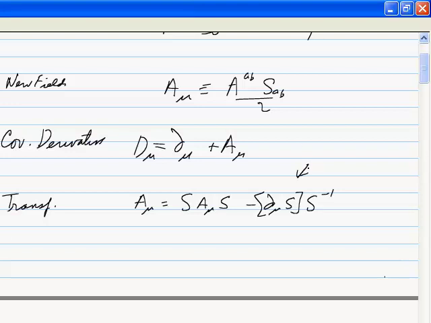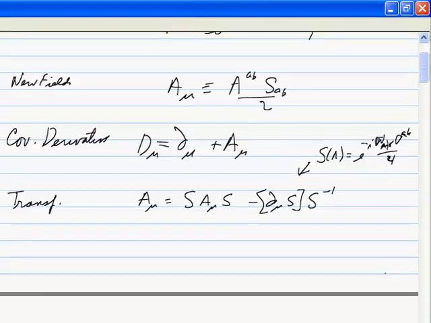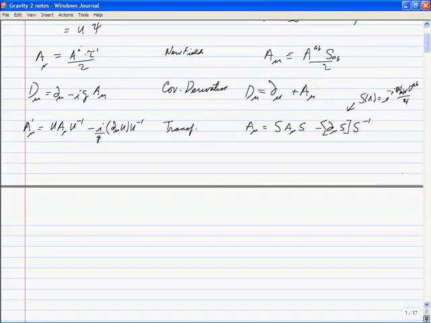S is this spin transformation. S of lambda is e to the minus i omega_mu nu sigma_mu nu over 4. I guess in my notation here, those should be ABs. And there's an infinitesimal version which we actually worked with.